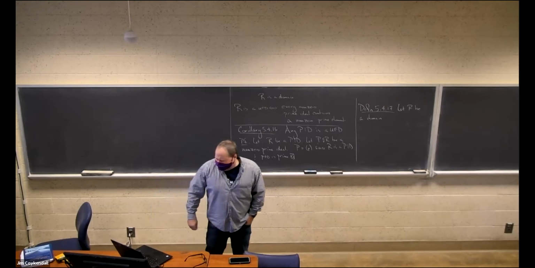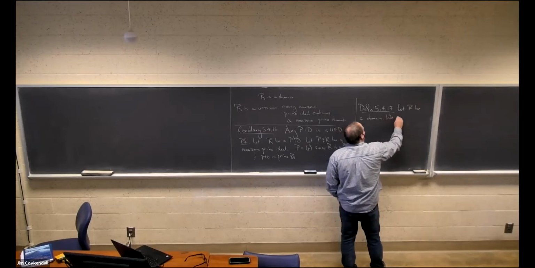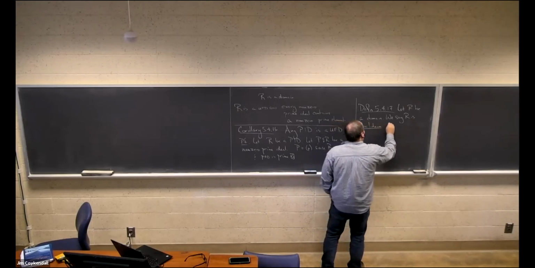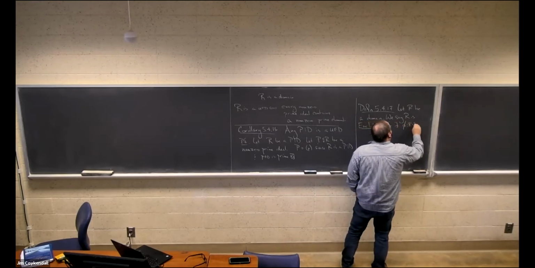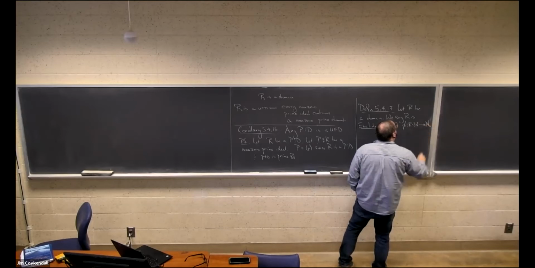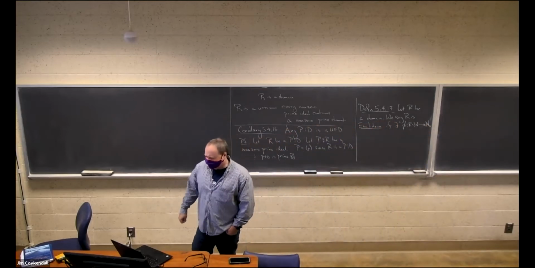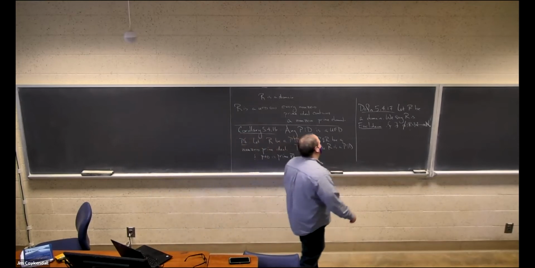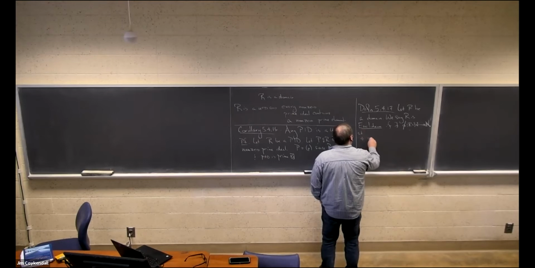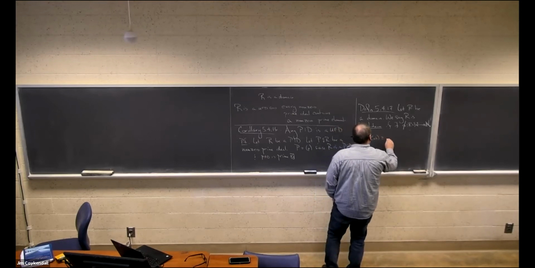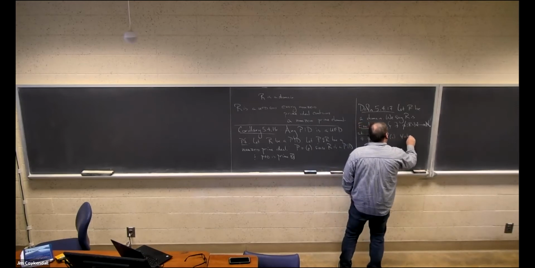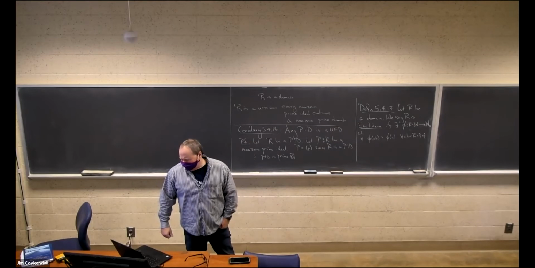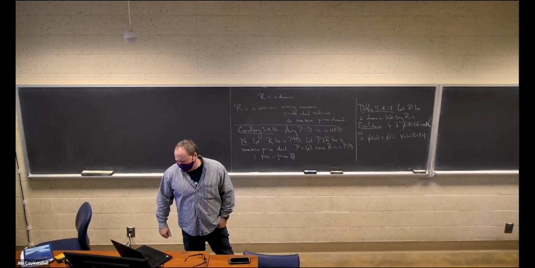We say that R is a Euclidean domain if there exists a function phi from R minus zero to the natural numbers such that, one, phi of AB is bigger than or equal to phi of A for all A, B in R not 0.